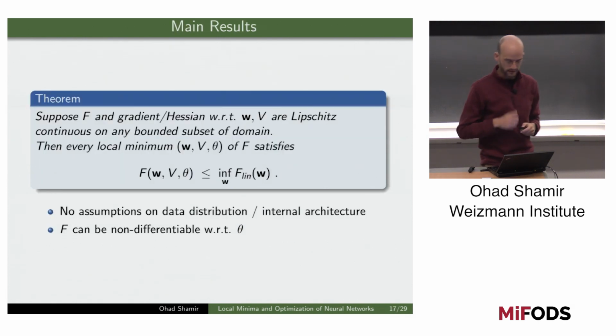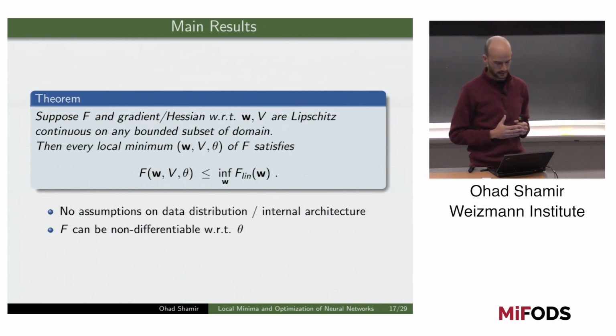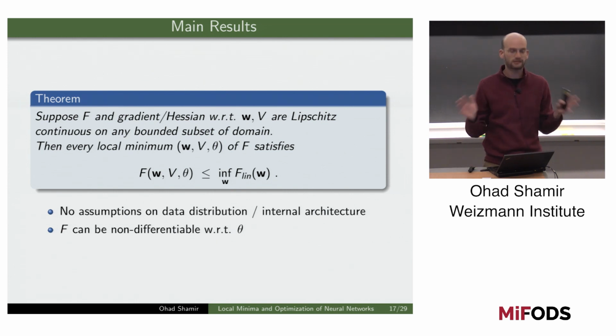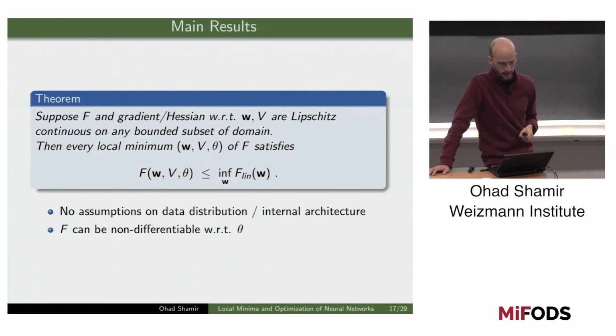And our main result is the following. As long as our objective function and its gradient and Hessian with respect to W and V are Lipschitz continuous with any Lipschitz parameter on some bounded subset of the domain, then indeed every local minimum of this objective has a value at most the best that we can obtain with a linear predictor.